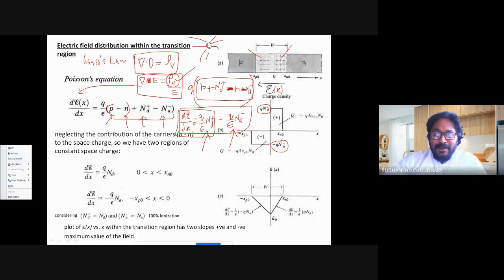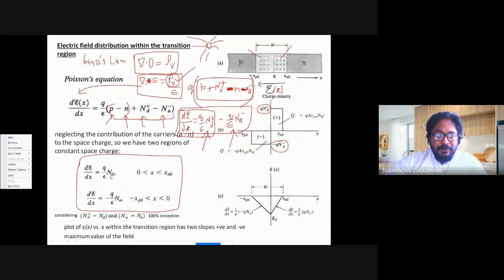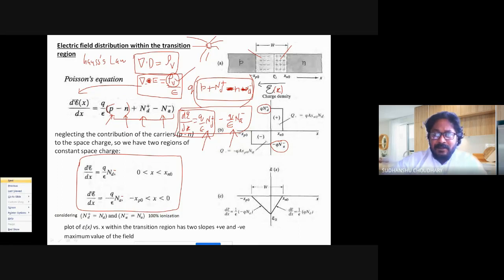So by considering these two things, let us rewrite these over here, that is the electric field due to the donor ions, and again one can write ND plus and Na minus. The electric field due to donor ions in the region X greater than 0 and less than Xn naught.